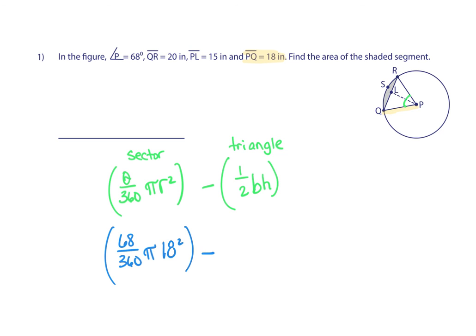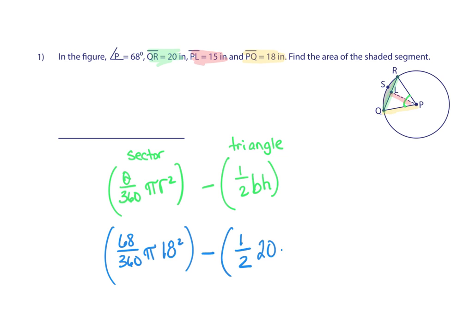And I need to subtract my triangle. 1/2 base. My base is QR. QR is my base, and they gave that to me right here. So 1/2 base. And then my height is PL, and they also gave me that.